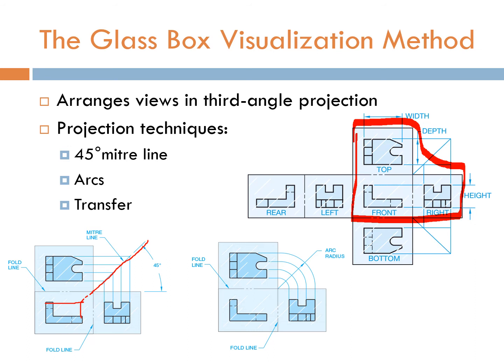If you have this Miter line, the real object is going to have 3 dimensions, and those 3 dimensions are related by these 3 different drawings. Watch here.